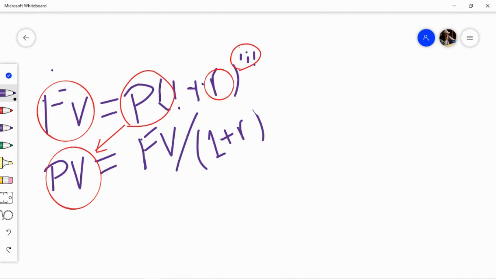Therefore, considering the compounding frequency, what goes into compounding is the actual number of compounding periods, that's N.